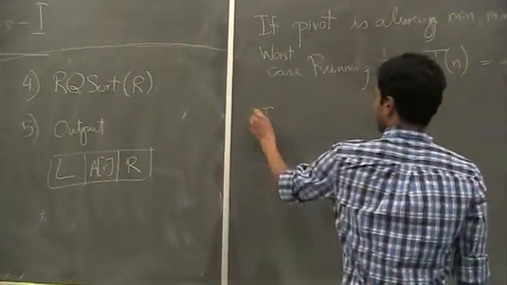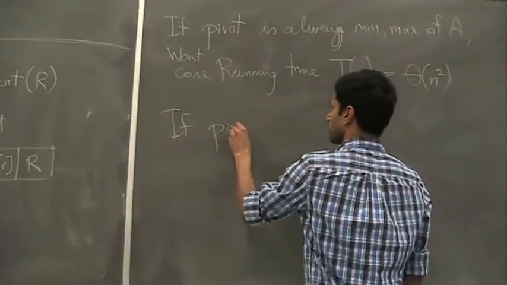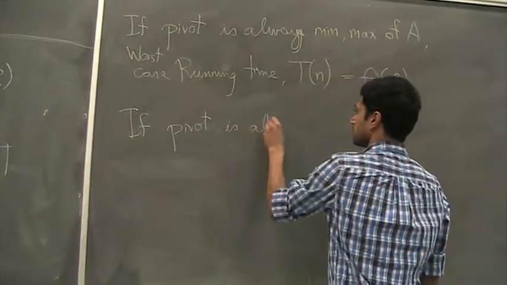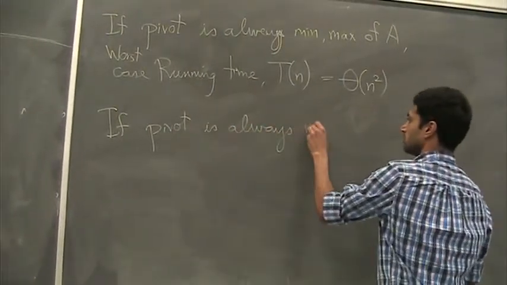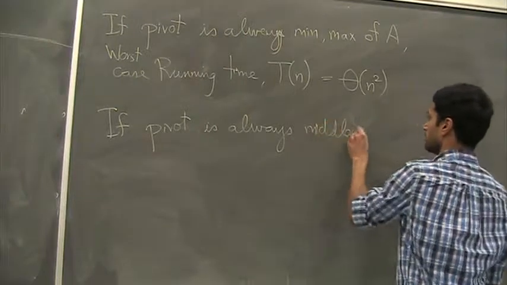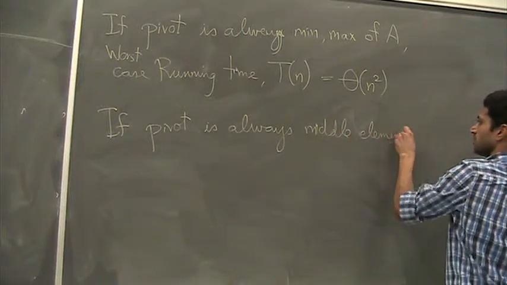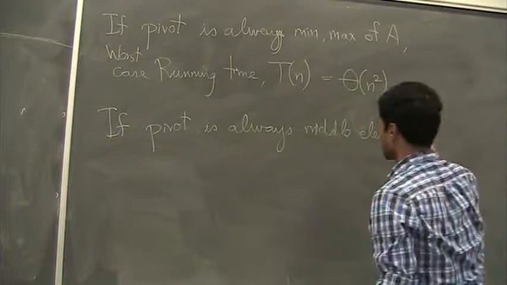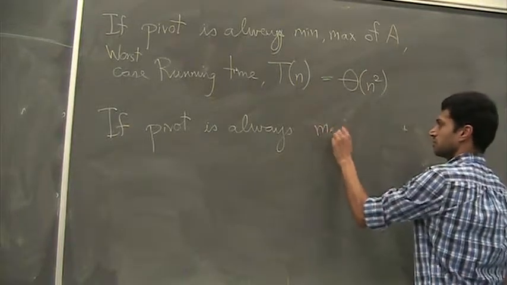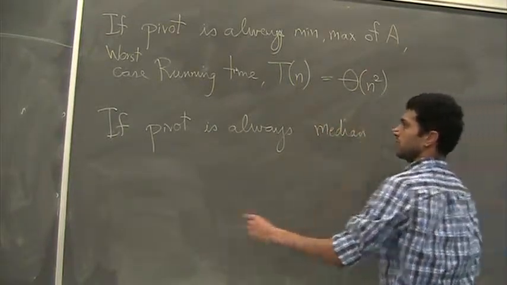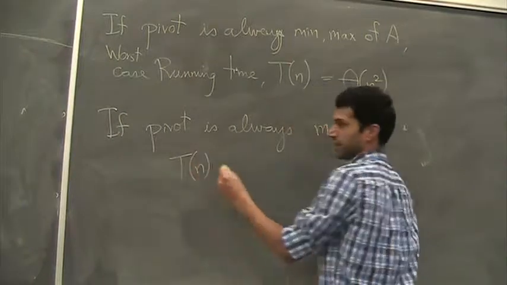On the other hand, if the pivot is always the middle element, I should say instead of the middle element, always the median, then you get the right recurrence.